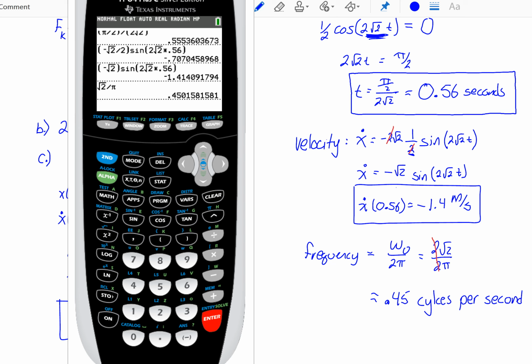So a little bit less than a half of a cycle per second. 0.45 cycles per second. That's your frequency.